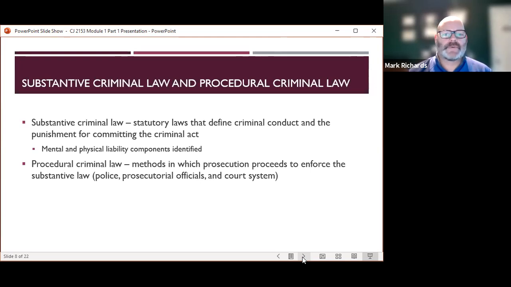The second type of criminal law is procedural criminal law. These are the methods in which the prosecution of the defendant proceeds to enforce the substantive law. So we're talking about elements of the criminal justice system like law enforcement, prosecutors, and of course the court system.